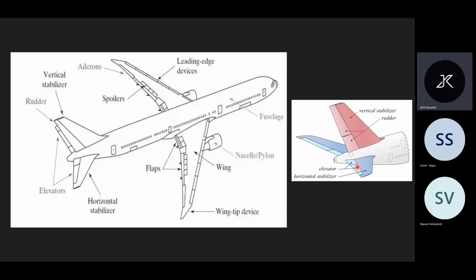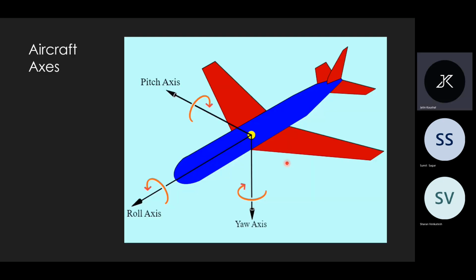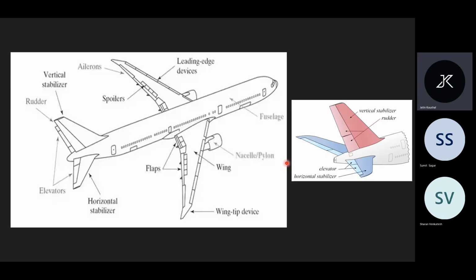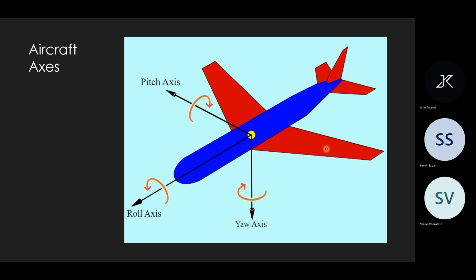Horizontal stabilizer maintains the roll axis so that the aircraft doesn't get turned during cruising, so it maintains the normal axis of the aircraft so that it doesn't get turned away. These are different axis terms that are used in aircraft.